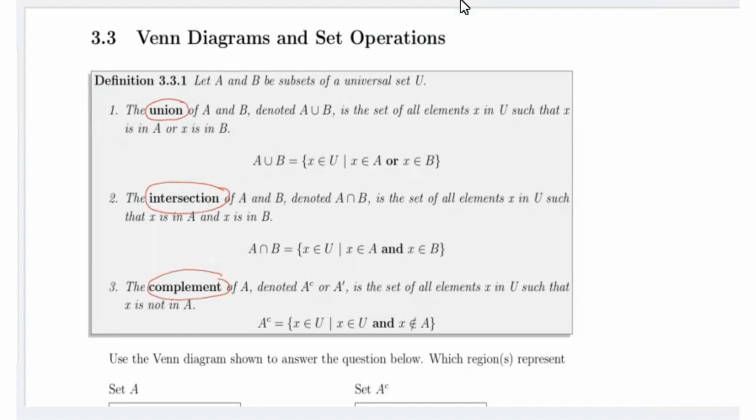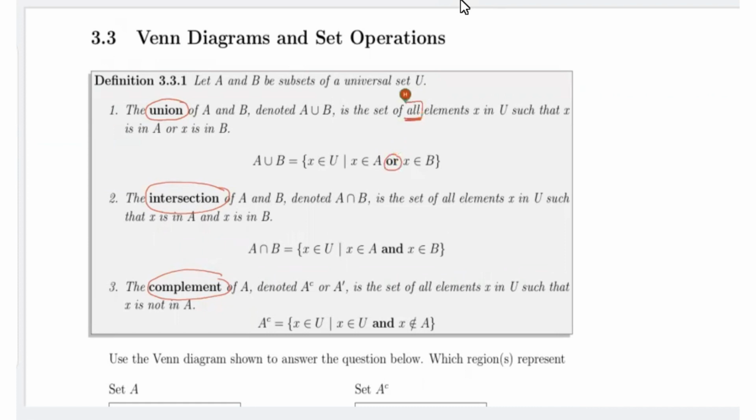The remaining part of this chapter is all about the operations: union, intersection, complement. Make sure we understand the meaning of this. A union B means everybody, or, all the elements.